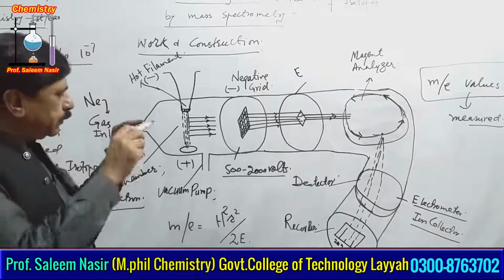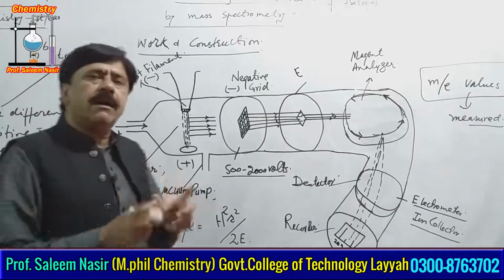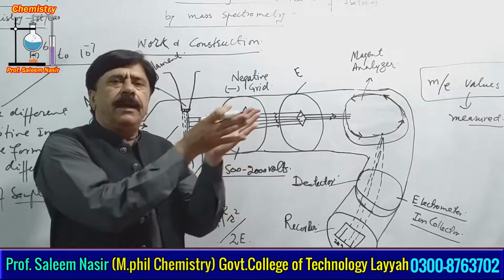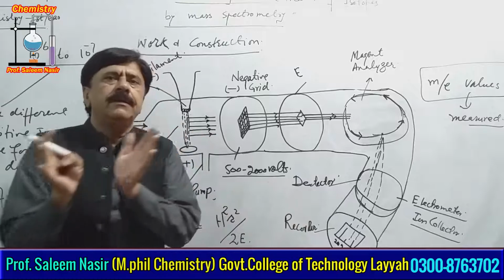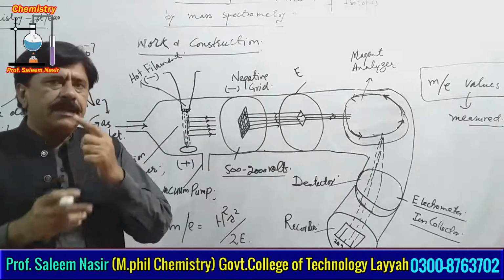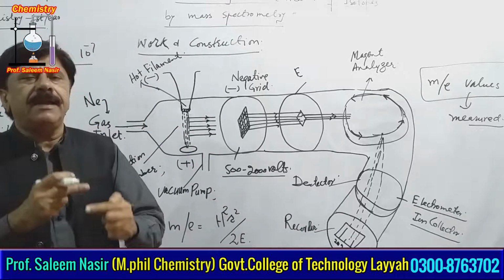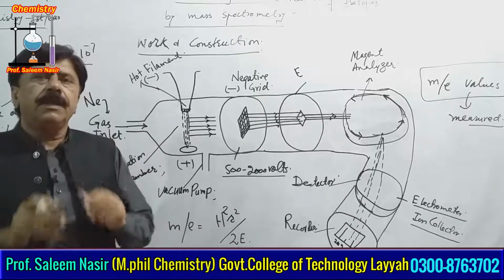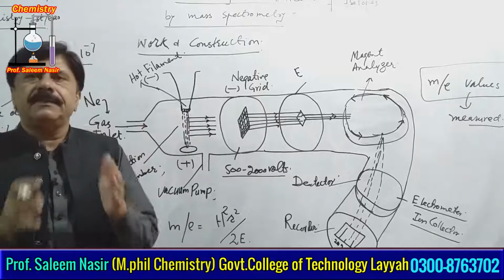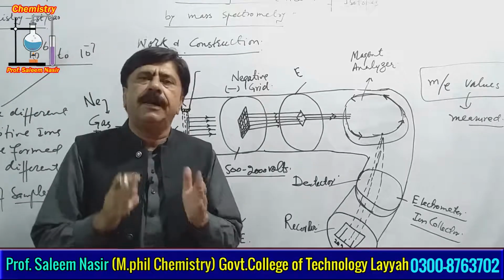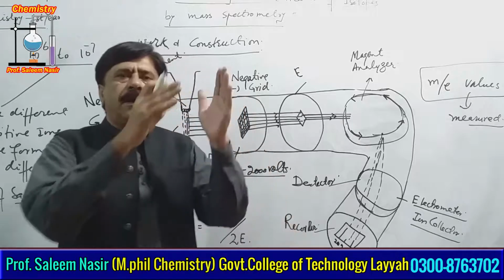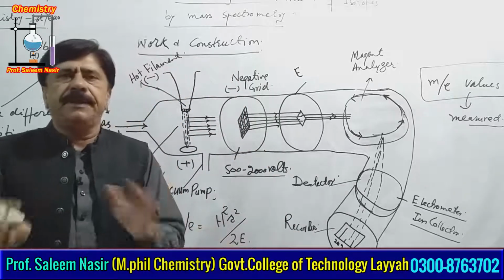Due to an increase or decrease in either the electric field or the magnetic field, the radius of the path may decrease or increase, and on that basis the ions of the different isotopes get separated.